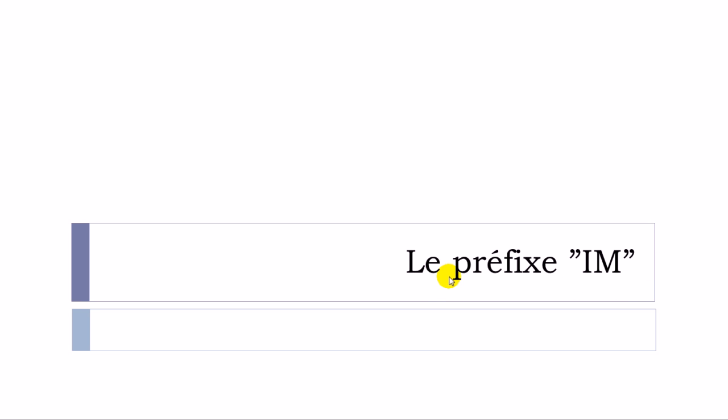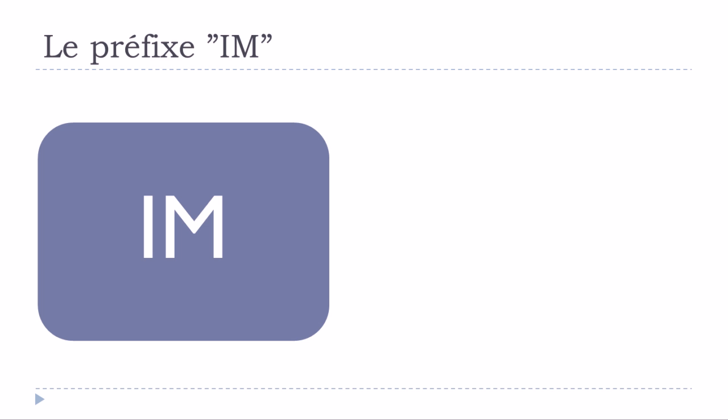Le préfixe IM. When we're talking about prefix, we're talking about letters that you will add at the beginning of existing words, and by adding these letters you will modify the meaning of the word. In this lesson, by adding this im at the beginning of existing words, in most of the cases they will start with p.